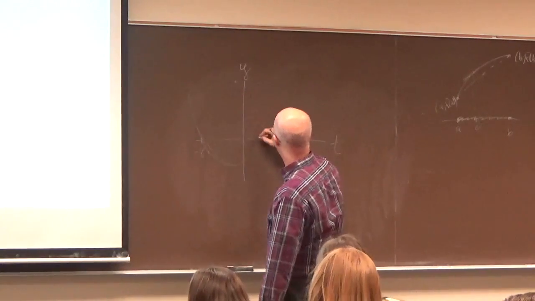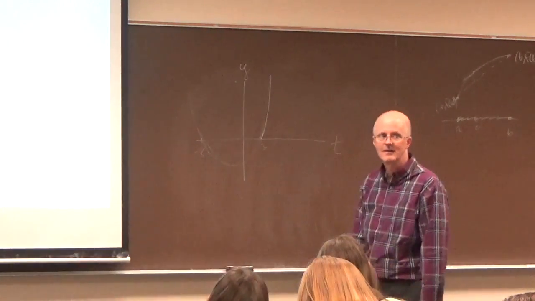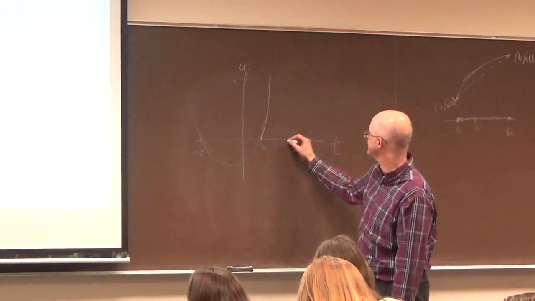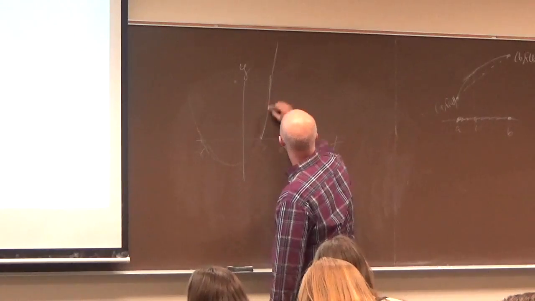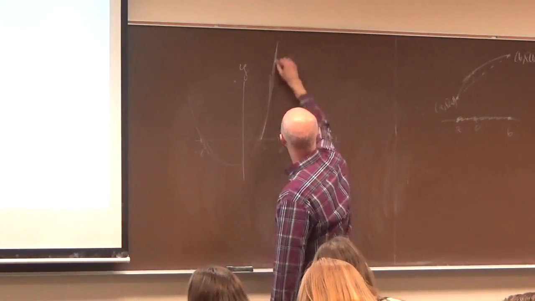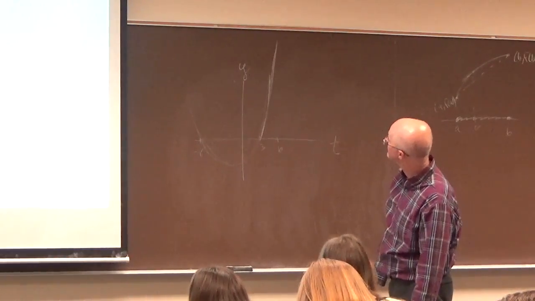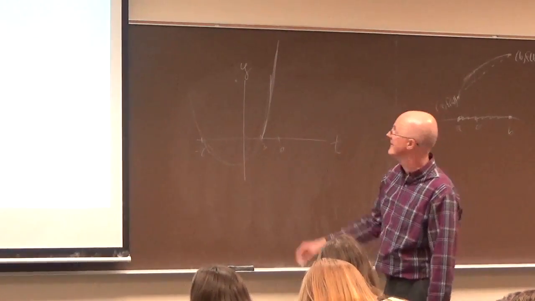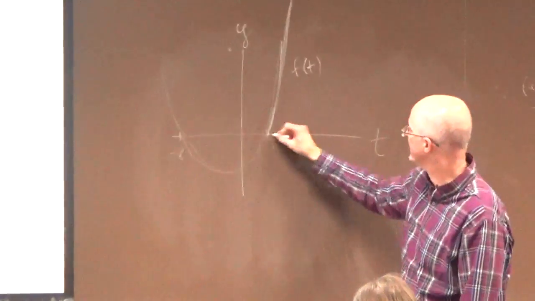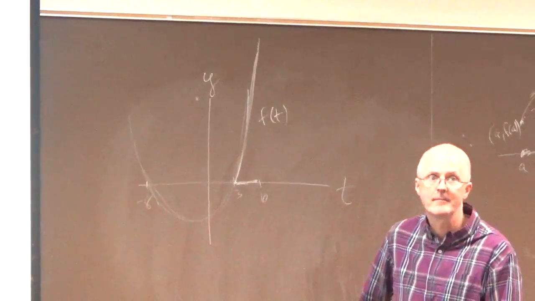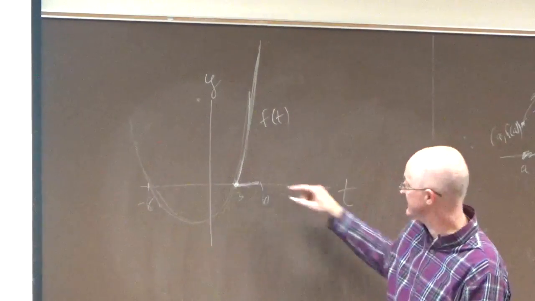But we don't care about the whole graph. We only care about the part when t goes from 3 to 6, something like this. It is a curve, not straight, because it's part of a parabola. That's the position function when t is between 3 and 6. And it does start at y equals 0 when t is 3.